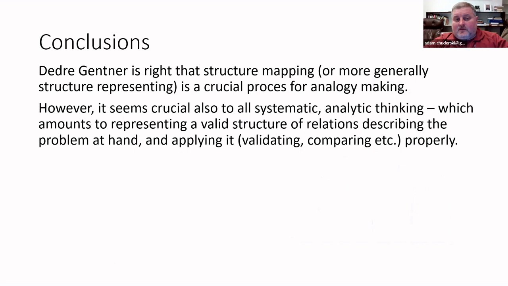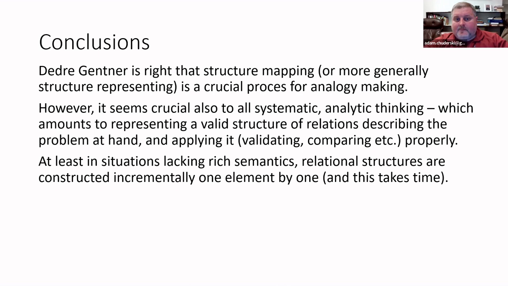And working with that representation, for example, validating it or comparing with some other representation, like in analogical mapping. And at least in semantically lean situations, relational structures seem to be constructed incrementally, one element by one, and this takes time.